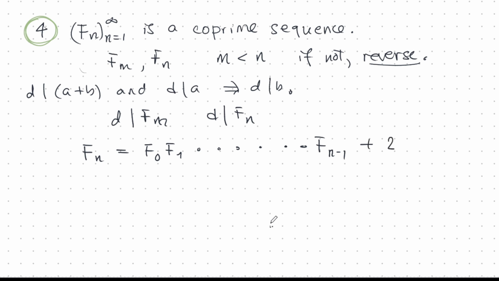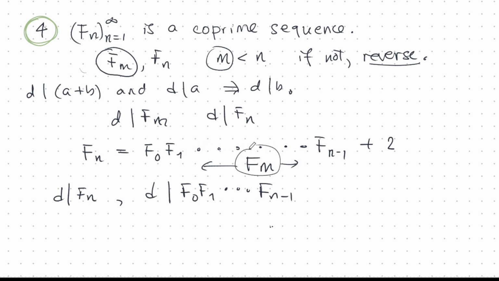And the interesting thing now is that we said that fm is less than fn. So m is less than n. And so that means fm must be in here somewhere in this part. So D divides fn, but also we must have this. Because fm is in this product somewhere, D must divide this term here also. And by this lemma then it must be that D divides 2.